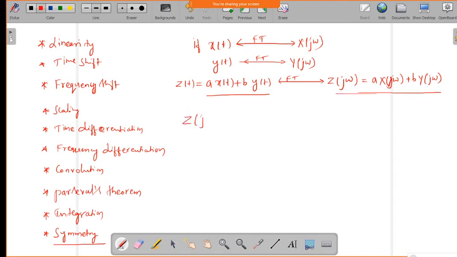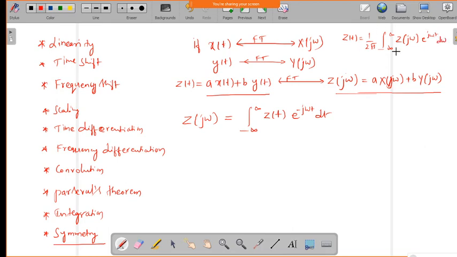So we know the Fourier transform z of j omega, which we can write as integral from minus infinity to plus infinity of z of t into e power minus j omega t into dt, right? So the time domain signal z of t is equal to 1 over 2 pi into integral from minus infinity to plus infinity of z of j omega into e power j omega t into d omega.